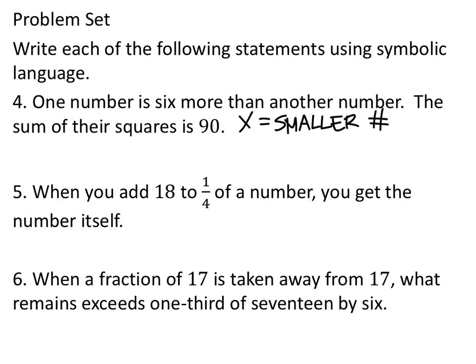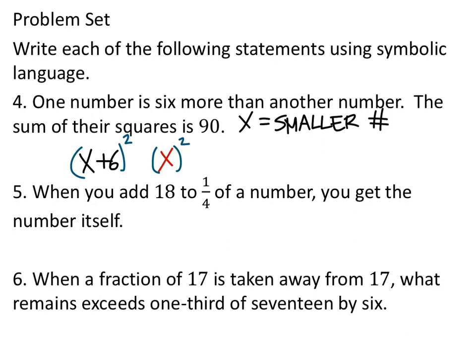So the one number would be the smaller number plus 6, that's x plus 6. The smaller number is just x, because we don't know what it is. But then it says the sum of their squares is 90, so I've got to square them. You don't need parentheses on just the x, but you can.